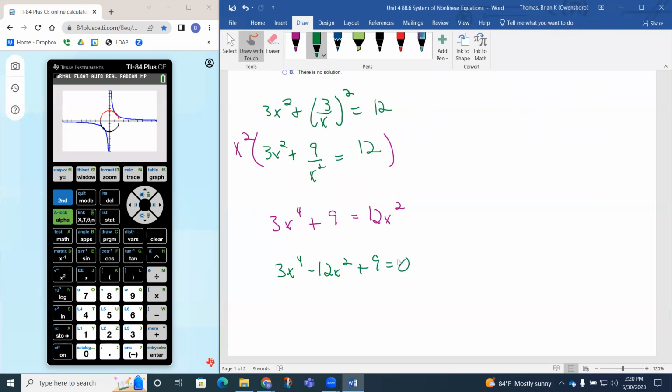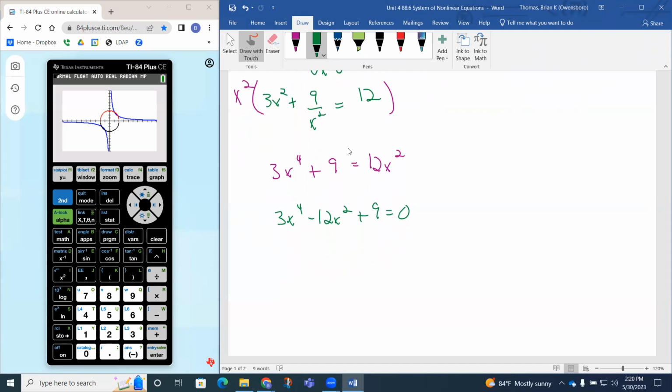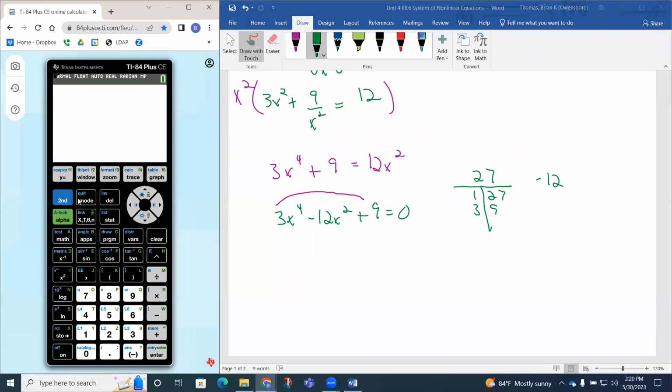So let's try to treat this like a quadratic. Since I have a leading coefficient, what I want to do is multiply the 3 times the 9. That's going to be 27. Are there factors of 27 that add up to a negative 12? We have 1 and 27, and 2 won't work. 3 times 9 does.